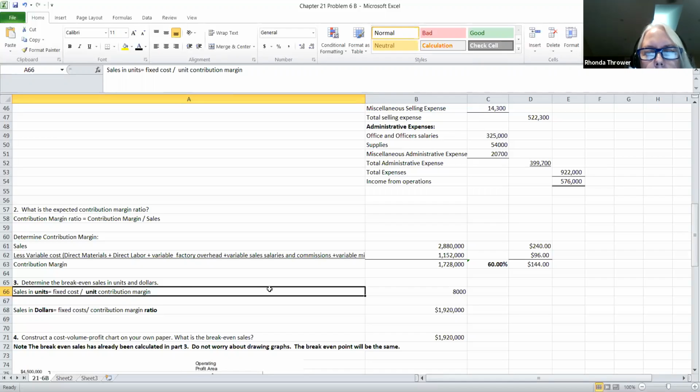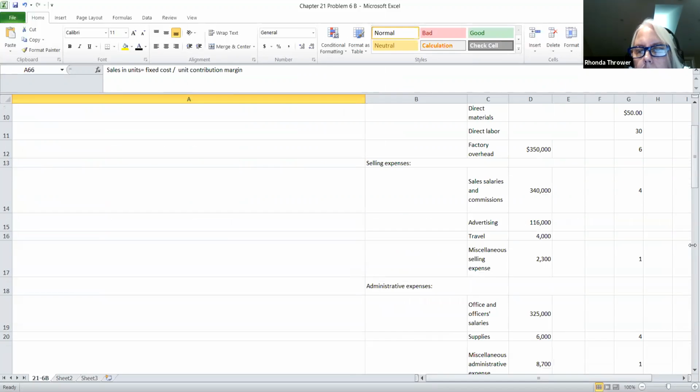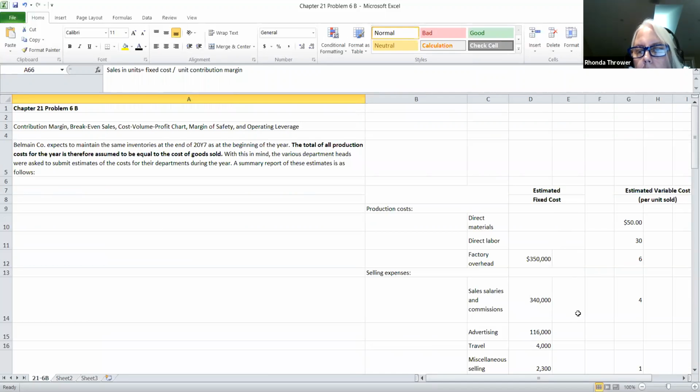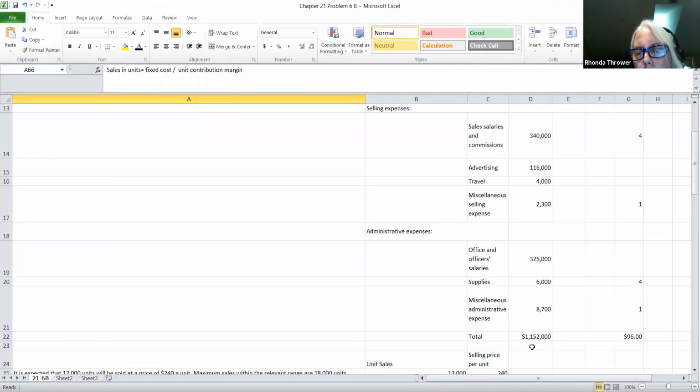So I need to know what my fixed costs are, and your fixed costs were given to you. Right here's your fixed cost. If you follow that column on down, you can see that your total fixed costs are $1,152,000.